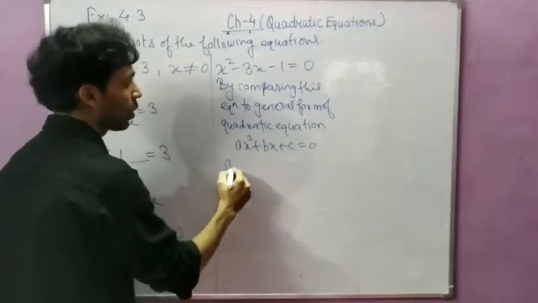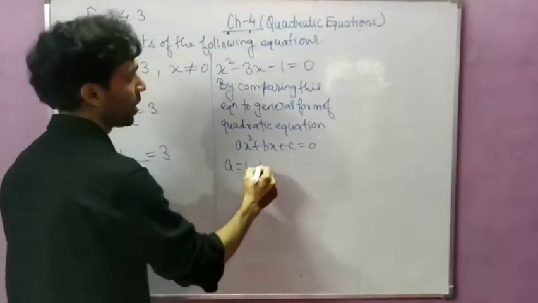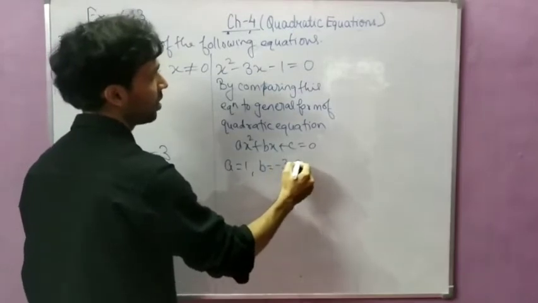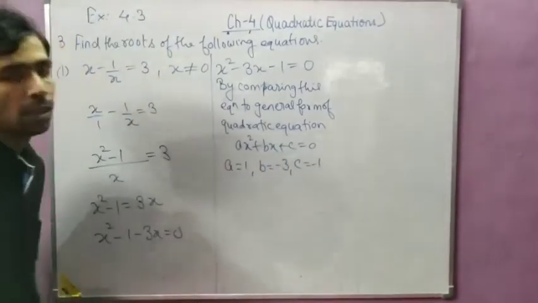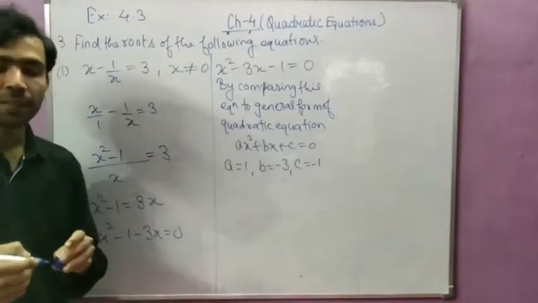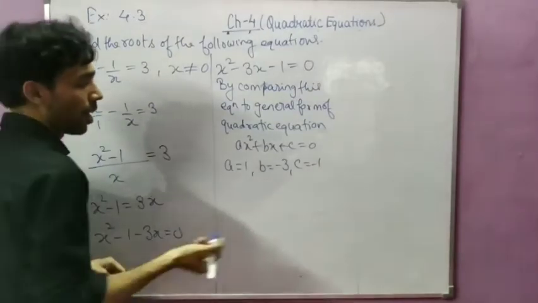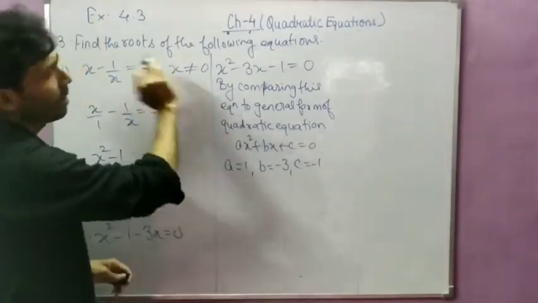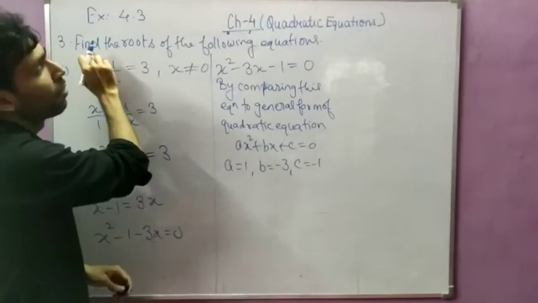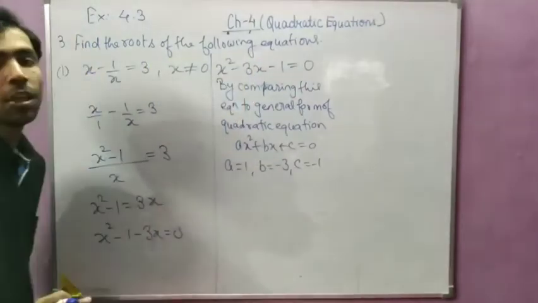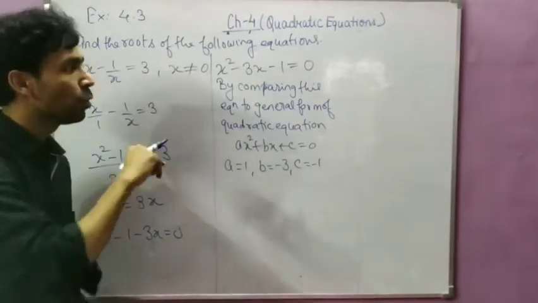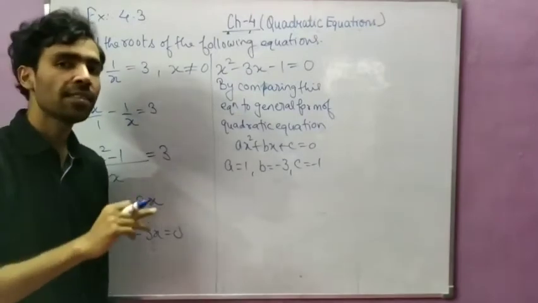I can write a equal to 1, b equal to -3 and c equal to -1. All the values of a, b and c we have calculated. Now apply the quadratic formula, because nothing is specified, only this much is written: find the roots of the following equation. So you can use any method. I am using the quadratic formula method and it is very easy.